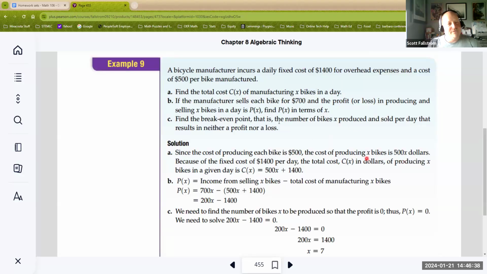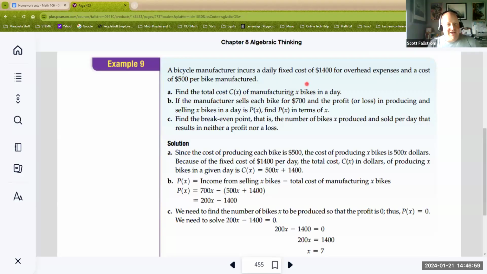You can kind of get the idea that functions often are based on variables. So if you're doing manufacturing of bicycles, then you might have something like profit, revenue, and cost. And all of those depend on how many bicycles you produce.